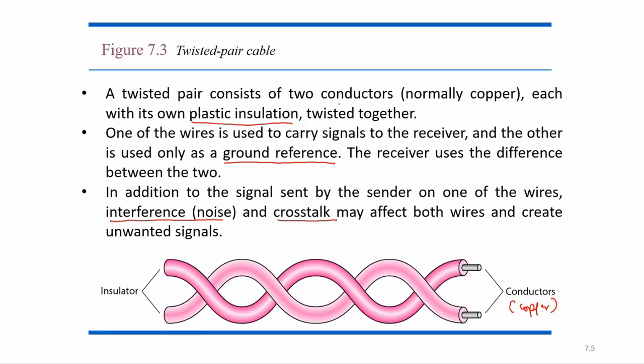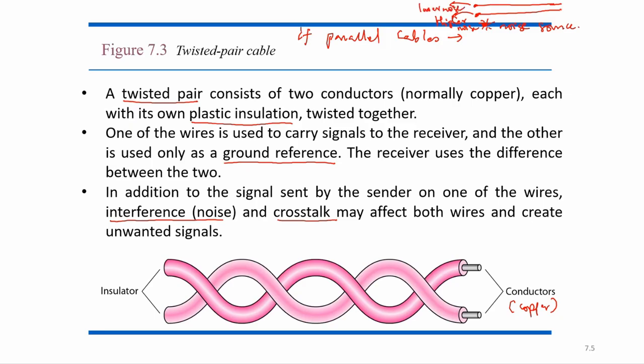Suppose why there is a use of twisted pair cables, why can't we use parallel cables? If we are using parallel cables, what could be the disadvantages? Suppose we are using a parallel cable, and suppose there is a noise source. If this is the noise source and these are the two different wires, this wire will have a higher effect of noise because this one is separated at a higher distance, so it will have a lower effect.